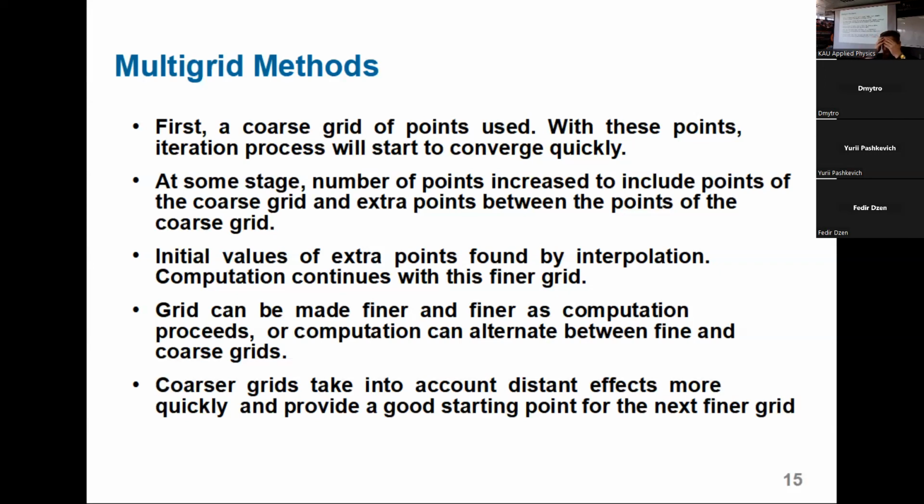You can imagine that sometimes you find you're not converging as fast as you thought, so you restart with this coarser grid again and switch between working on the coarse grid and on the fine grid.